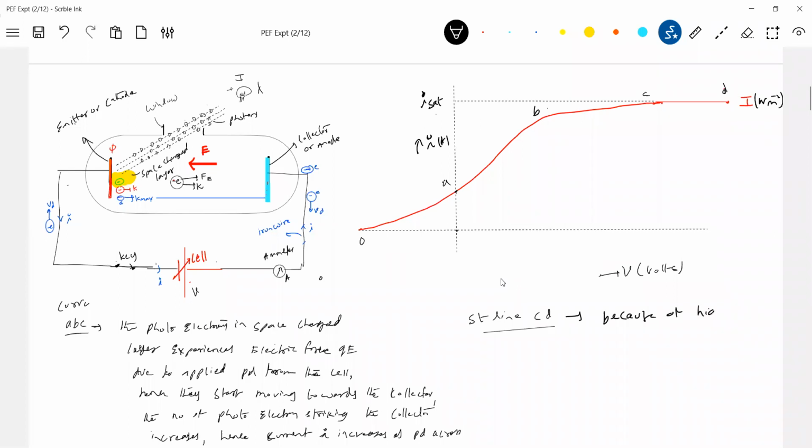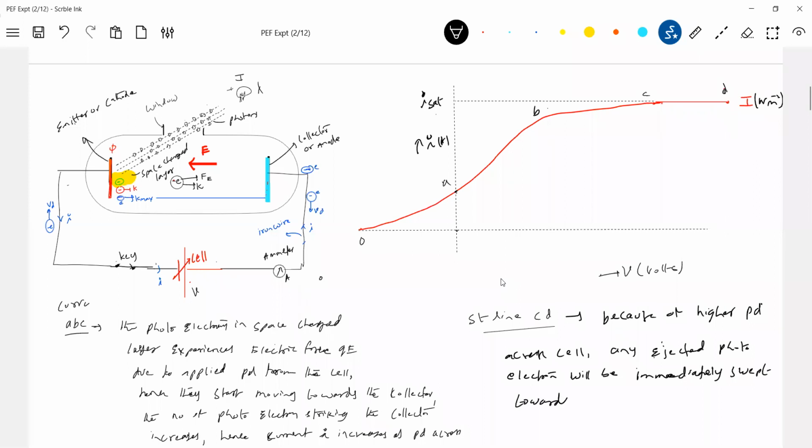Because of the higher potential difference across the cell, any ejected photoelectron will be immediately swept towards the collector.